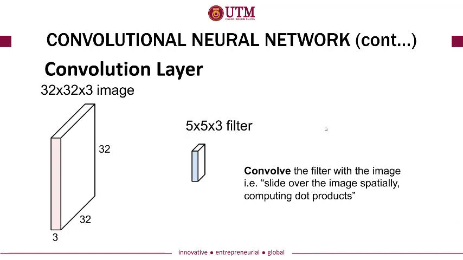Let's say this is your filter. Let's say you set your filter size to 5 times 5. In general, the depth size of your filter, which is this one, will by default follow the depth size of your image.